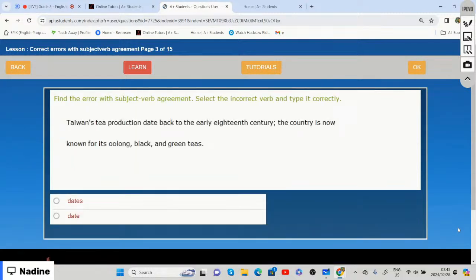Taiwan's tea production date back to the early 18th century. The country is now known for its oolong, black, and green teas. So we say Taiwan's tea production dates back to the early 18th century.